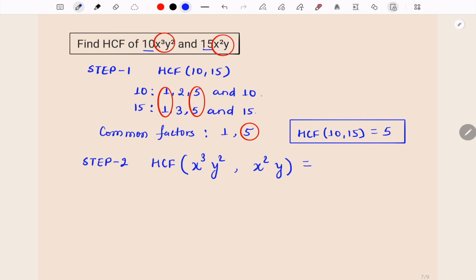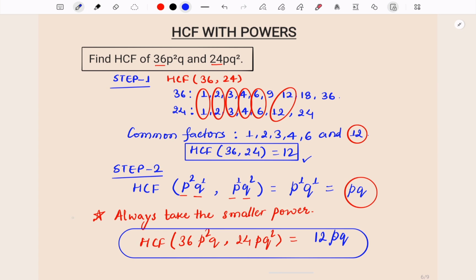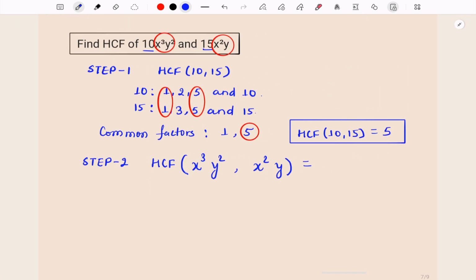In the previous example, I mentioned a very important rule: always take the smaller power when finding the HCF that is concerned with letters. So here we have x cubed y squared and x squared y. Let's talk about x first. Here the power of x is 3 and here the power is 2.